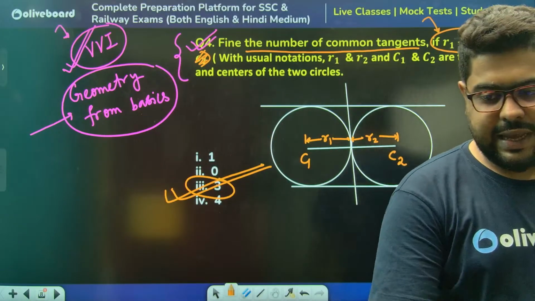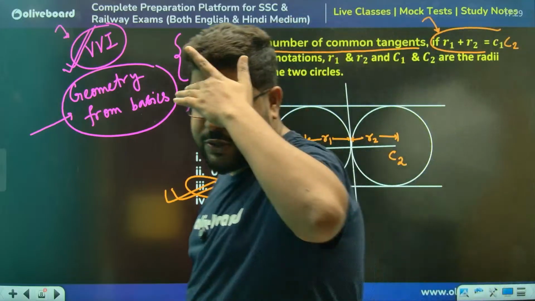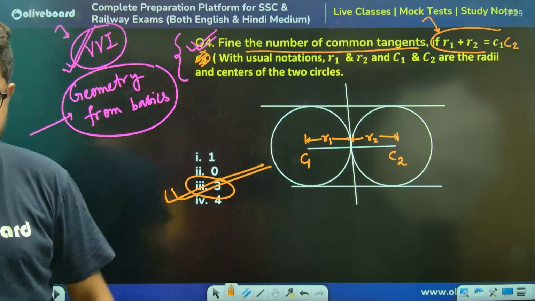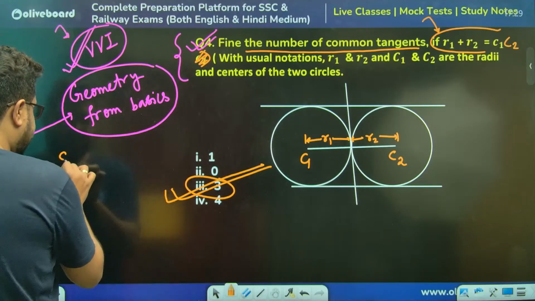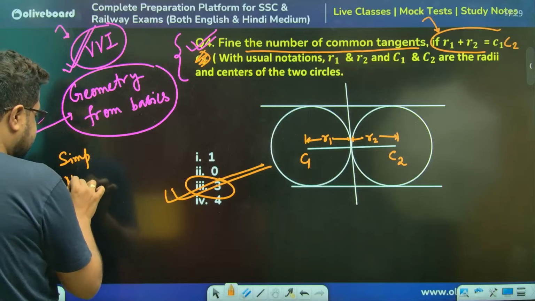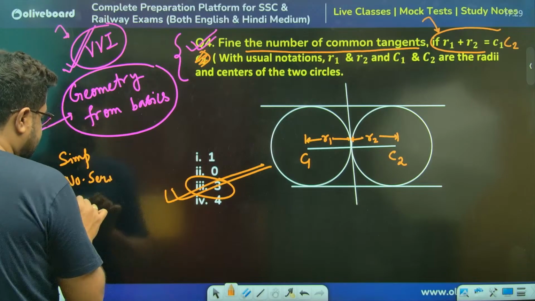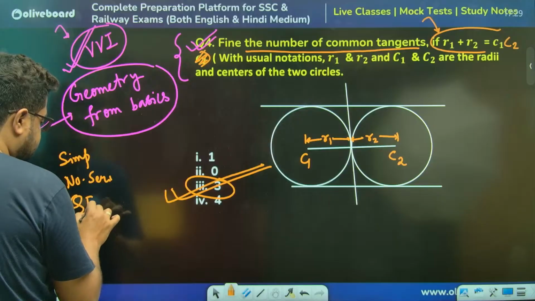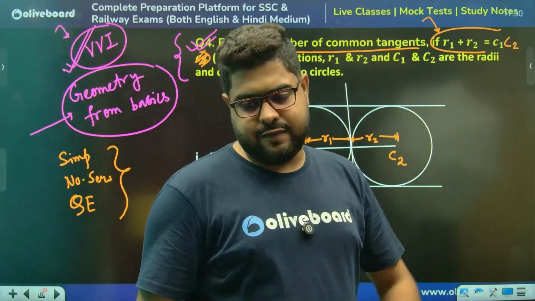I told you, important topics. Simplification and approximation, number series, which is part of reasoning, and quadratic equation. Out of these you will get 2 sets, like 5 and 5.